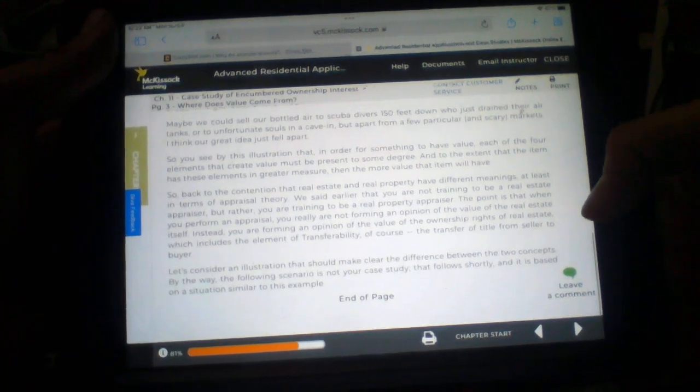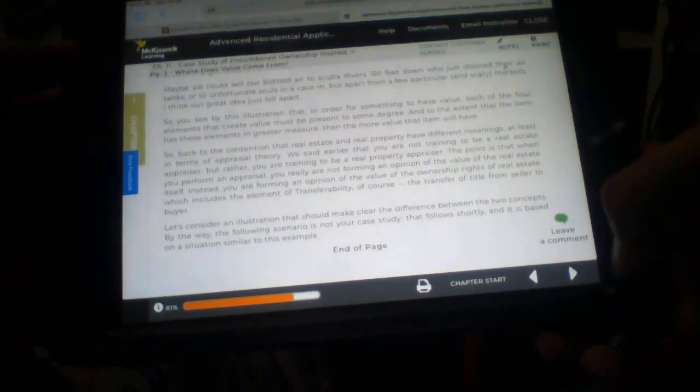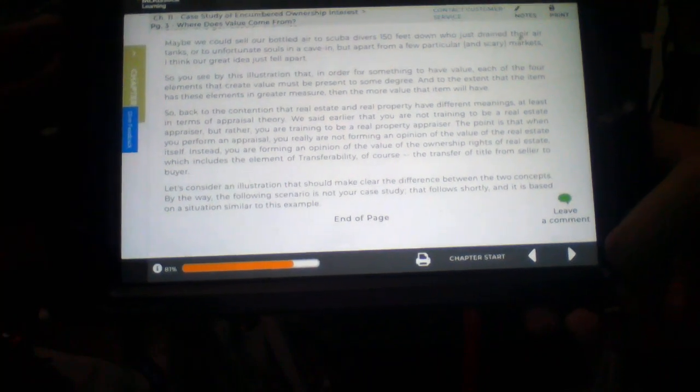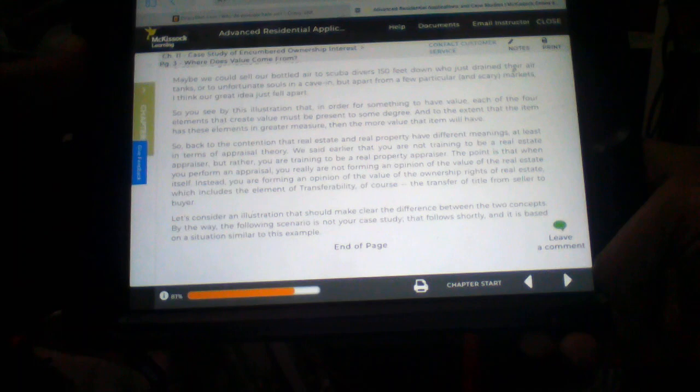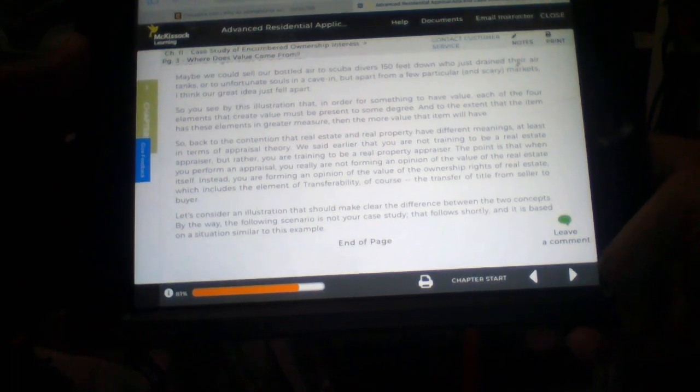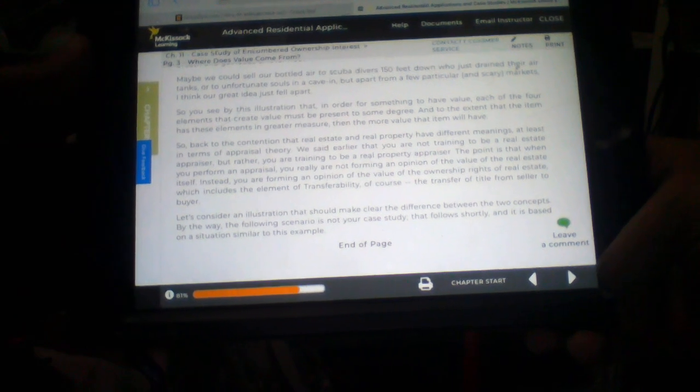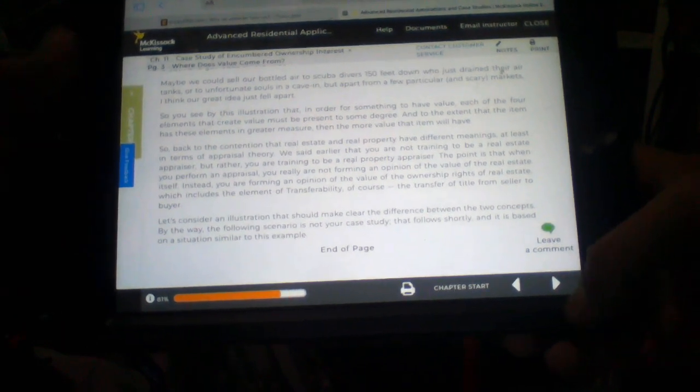Let's consider an illustration that should make clear the difference between the two concepts. By the way, the following scenario is not your case study. That follows shortly. It is based on a situation similar to this example. End of page.